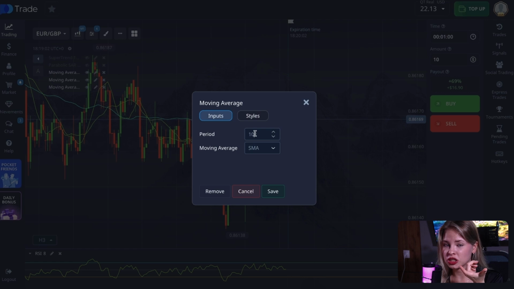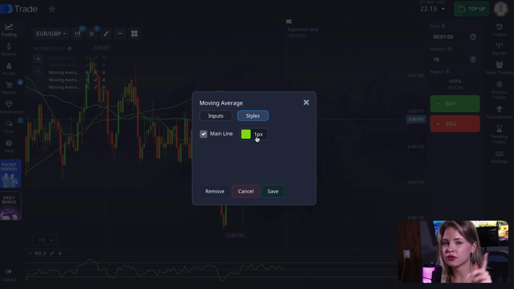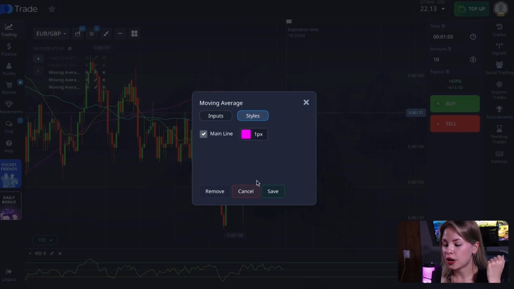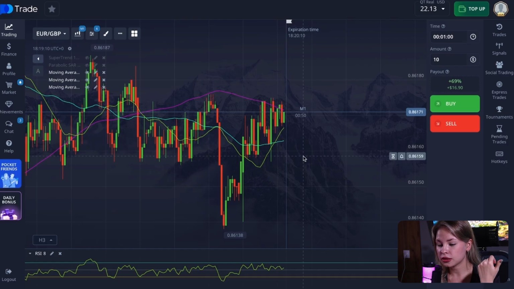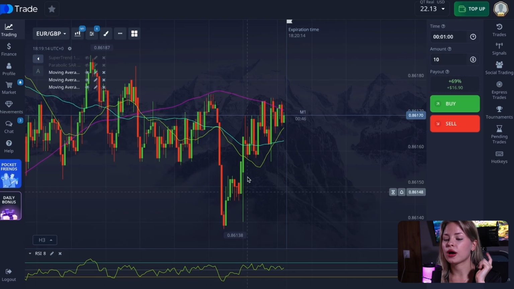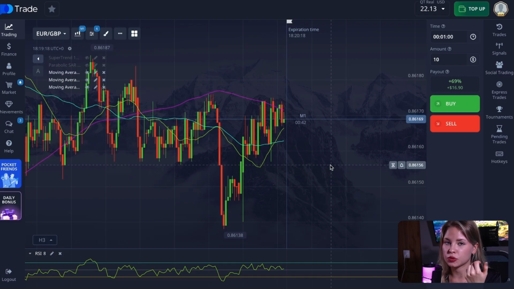When I changed the period in these indicators from 10 to 20, from 10 to 50, and from 10 to 200, it was the number of candles. Speaking about 1 minute time frame candlesticks, this indicator will show us the average closing price of our asset over 20 minutes, over 50 minutes, and over 200 minutes.